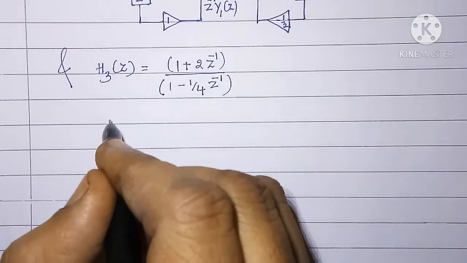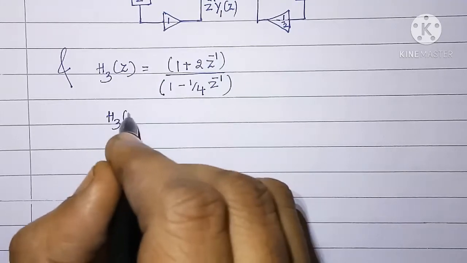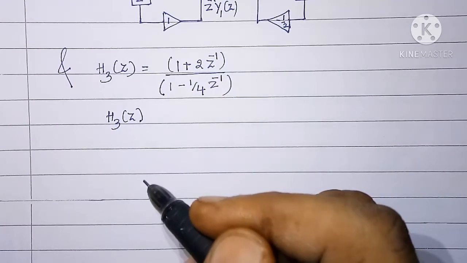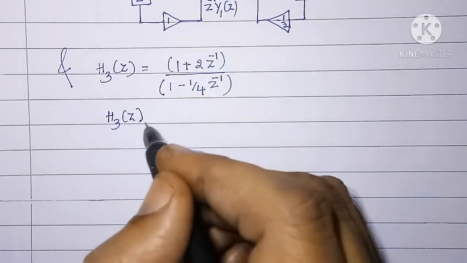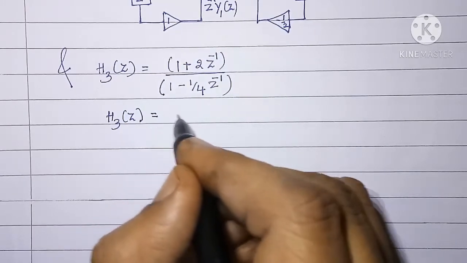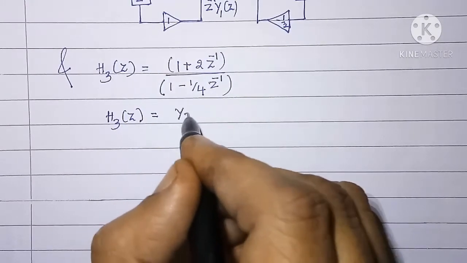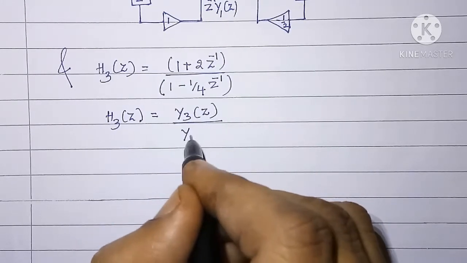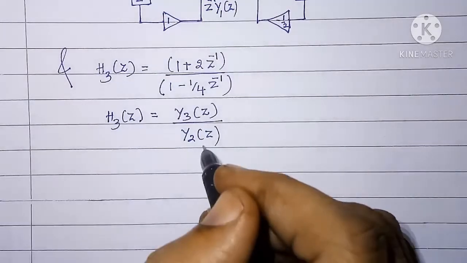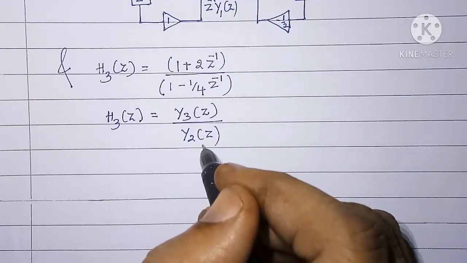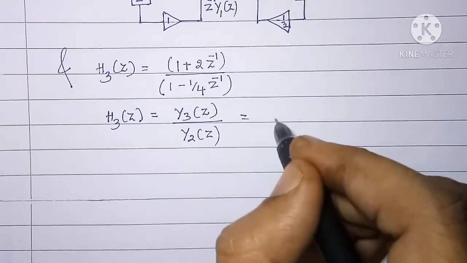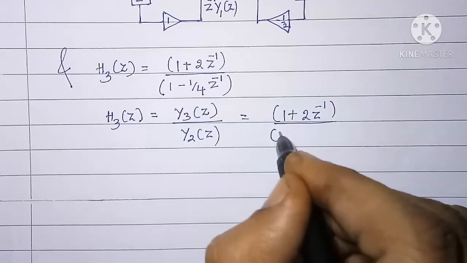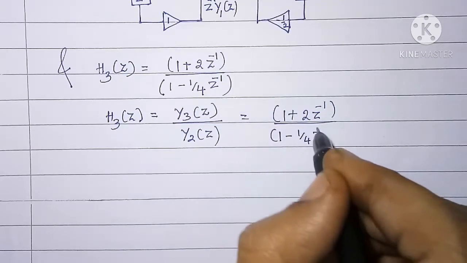Cross multiplying we get, h3 of z is equal to y3 of z upon y2 of z, because input to the third system is output of second system. This is equal to 1 plus 2 into z raised to minus 1 upon 1 minus 1 by 4 z raised to minus 1.